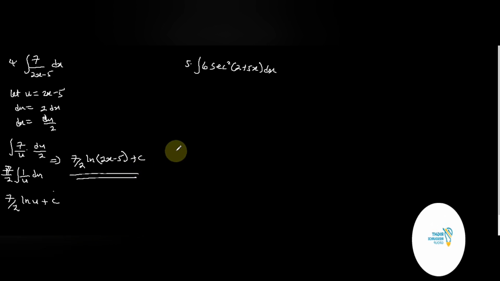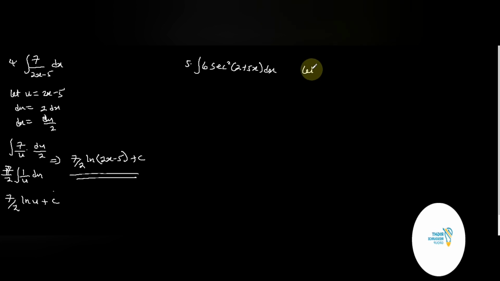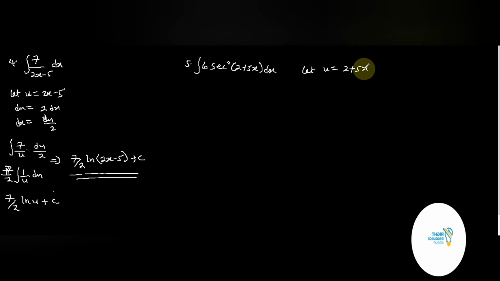That is our answer. Now let's look at example 5, where we let u be equal to 2 plus 5x, and in differentiating 2 plus 5x, du will be equal to 5 dx, and that means dx will be equal to du all over 5.